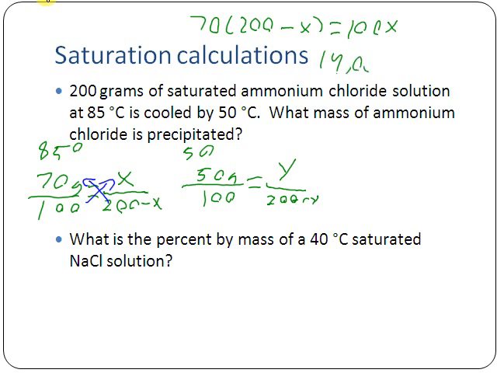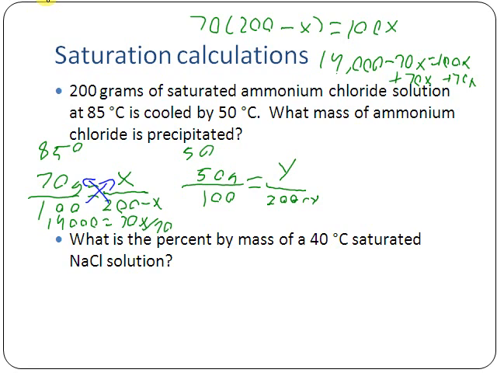Once again, if I'm doing my math right. 14,000 minus 70X equals 100X. And so we'll add 70X to both sides. And in doing that, I end up with 14,000 equals 170X.